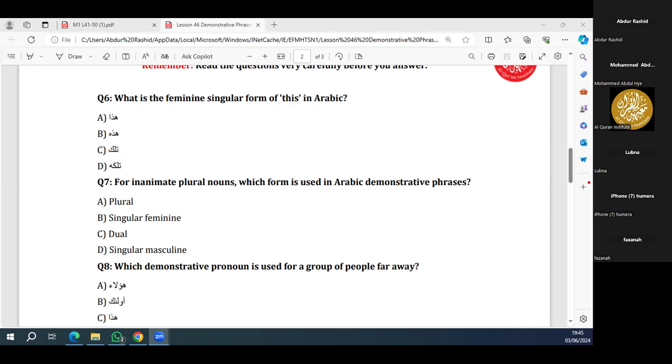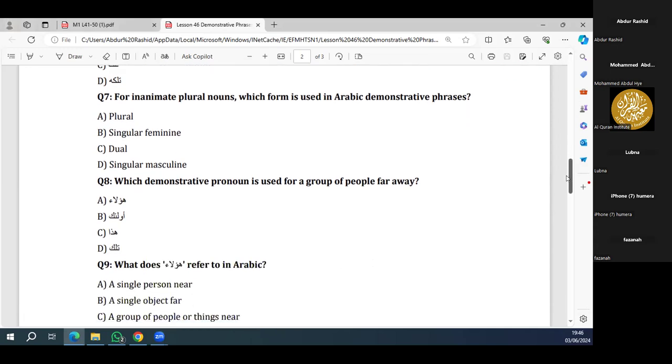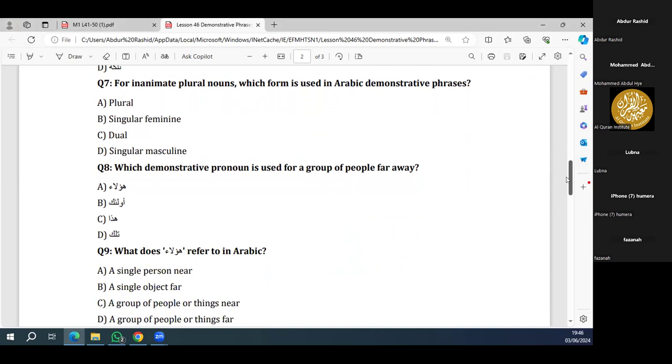Anyone says anything other than B? No, they all said B. For non-human beings, the plural will always be singular feminine. It will reflect on the verb mostly, but that's not appropriate here.